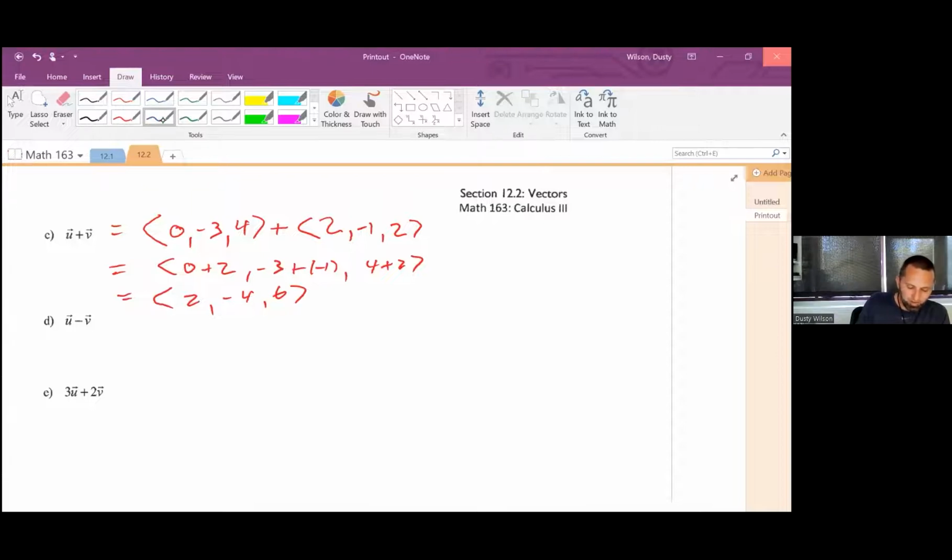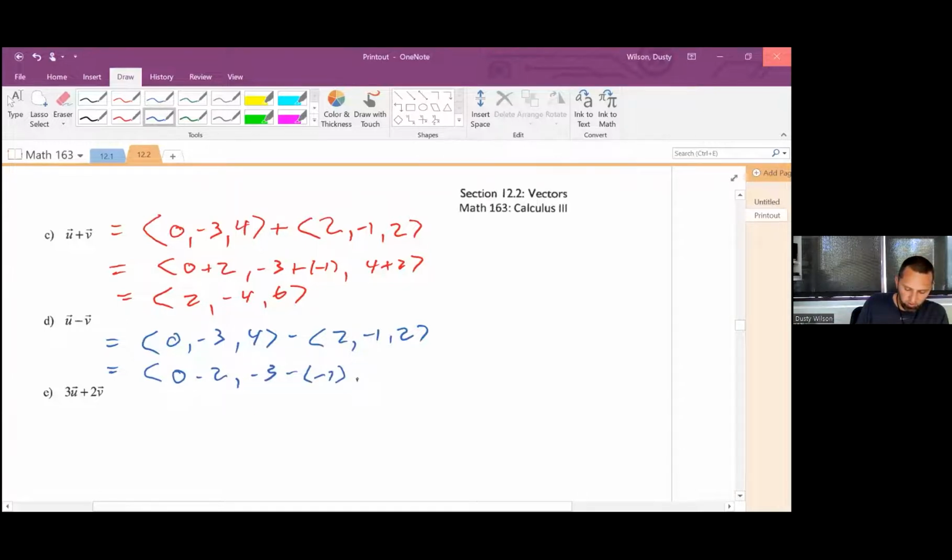I want to find U minus V. U minus V would be 0 minus 2, negative 3 minus negative 1, and 4 minus negative 2, which is a funny way of writing negative 2, comma, negative 2, comma, 6. And again, we know it's a vector because we're using the angle brackets.